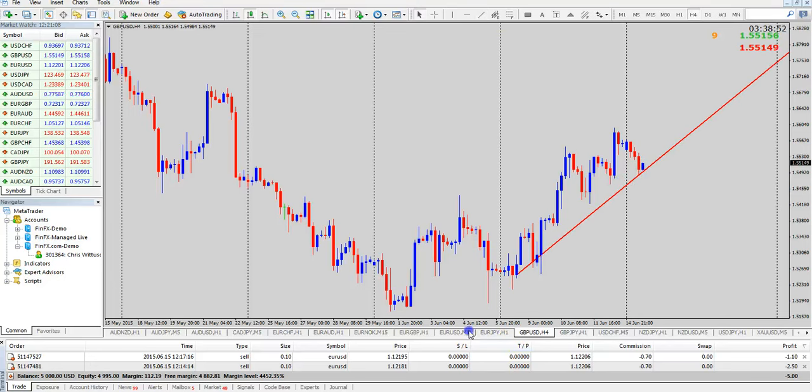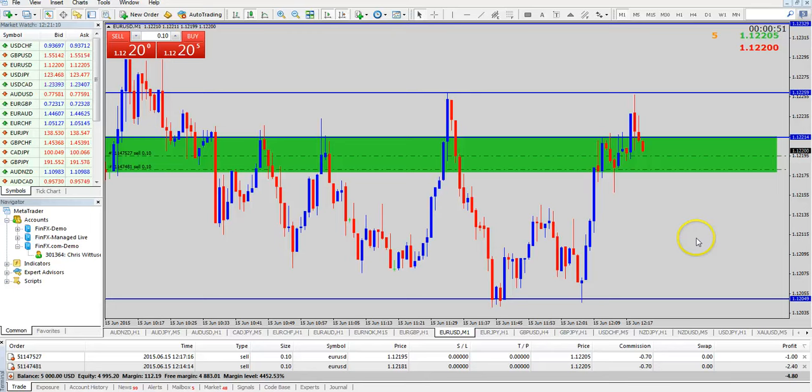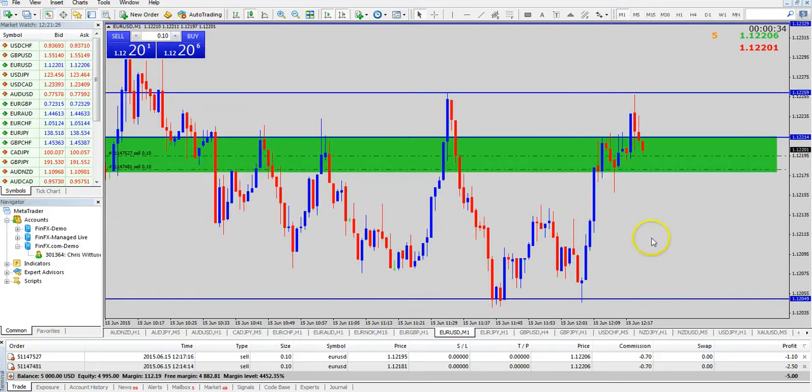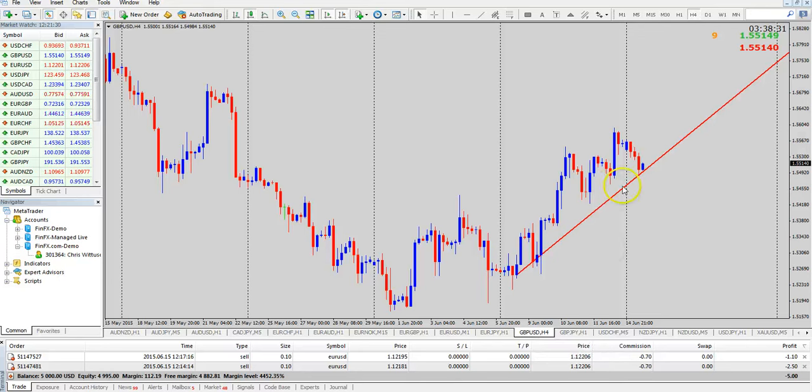Alright, so it's starting to look right. When we look at 5 minutes, remember high, lower high. Now we want this thing to go back down here, would be great. So we got this one.